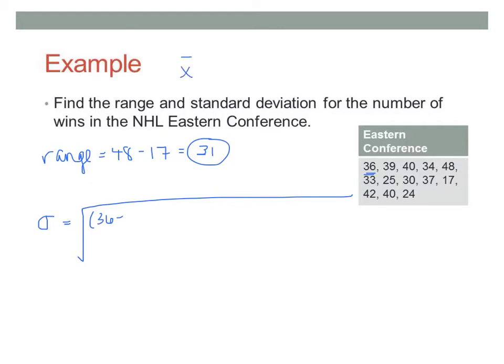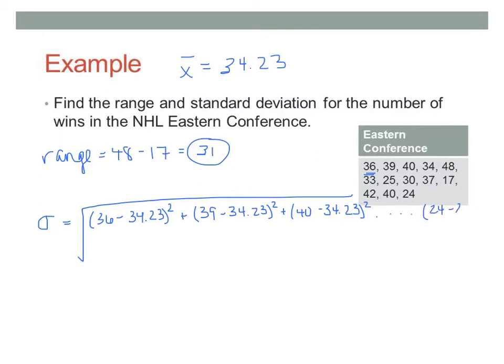If you remember from that last example, our mean was 34.23, and we're going to square it, plus our next number, 39 minus 34.23, and we're going to square it, plus the next number. Okay, now on and on until you get to 24 minus 34.23 squared, and we're going to divide this by how many numbers we had, which was 13.